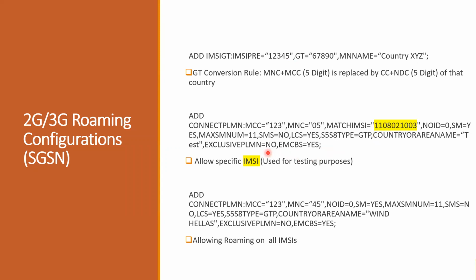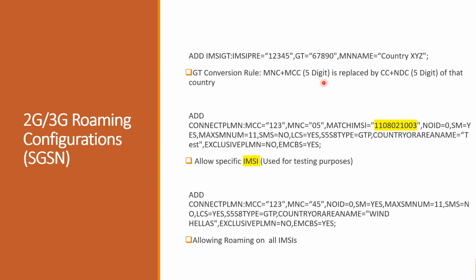Okay. Then once your testing is done and your roaming agreement is signed, you can replace this match IMSI with this command, which allows all of the IMSIs which start with this MCC and this MNC to perform international roaming.